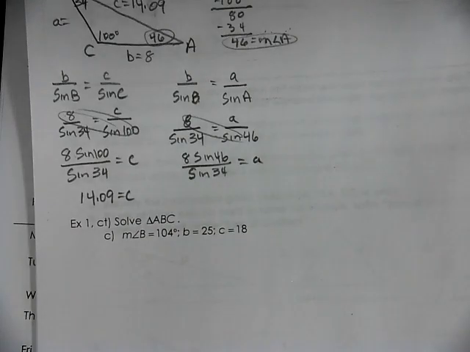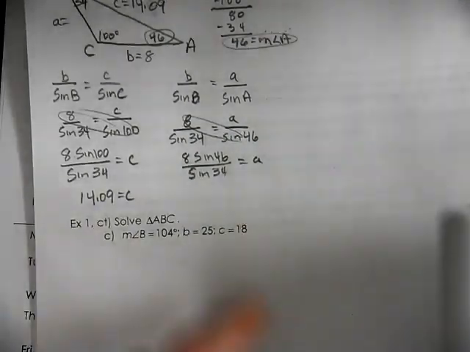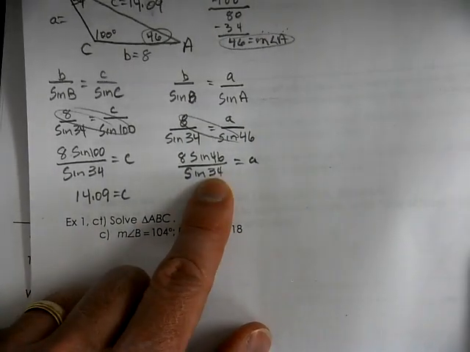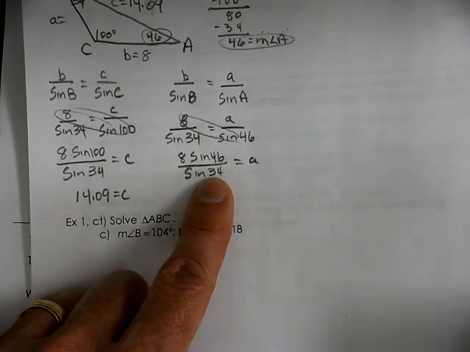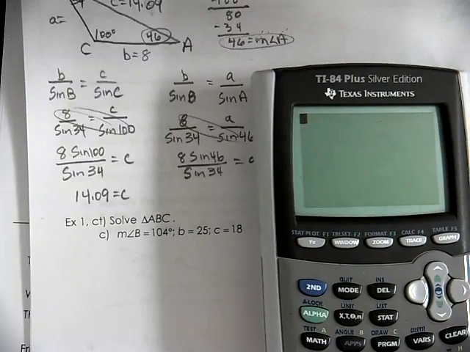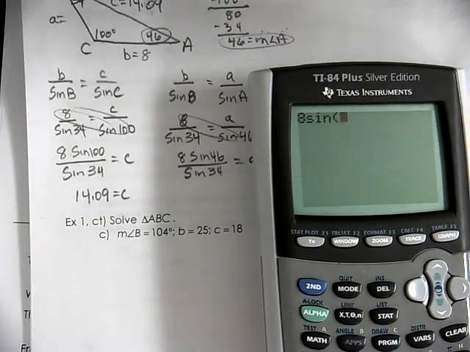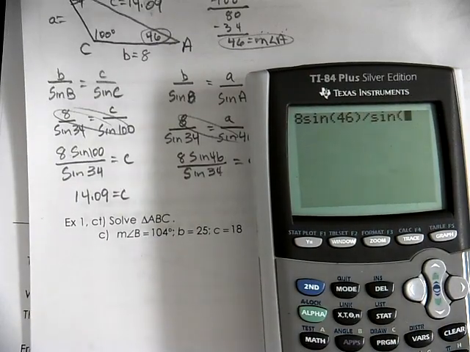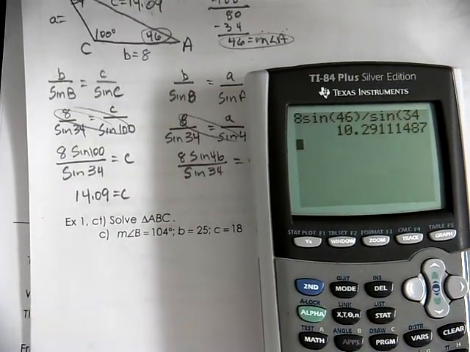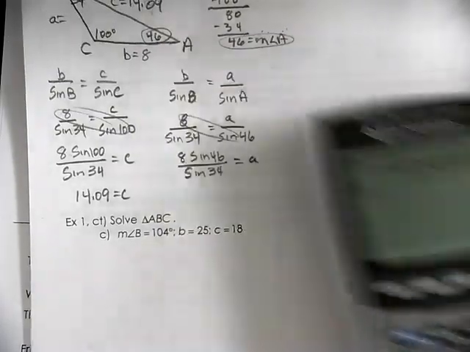We're going to cross multiply, multiplying by the sine of 46 up to the 8. This is the work that you need to show. Don't skip this work and just say, I typed it in my calculator. Show what you're typing into your calculator. 8 sine of 46, close your parenthesis, divided by sine of 34, and that gives us 10.29.